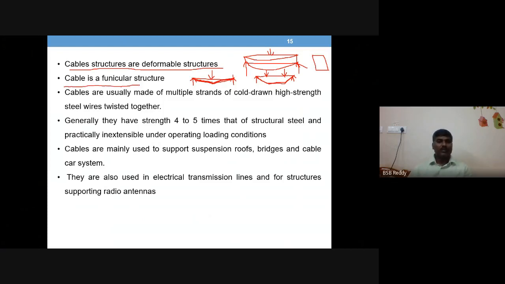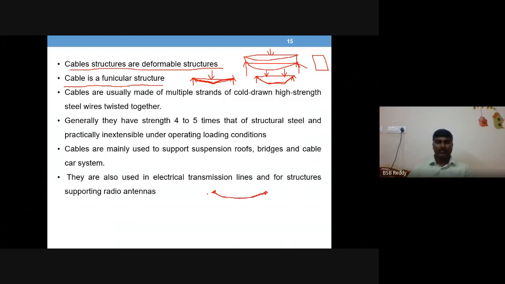Cable is a funicular structure. Why did you say that? Because if you load it, it is going to take a shape where it stays stable. So the same thing you see, if I take a cable freely hung between two supports, it is going to be curved, right?